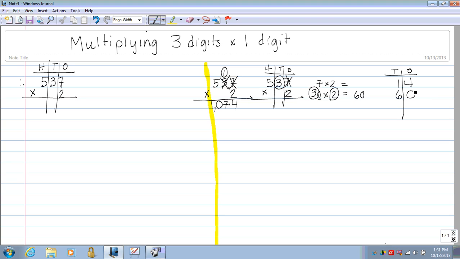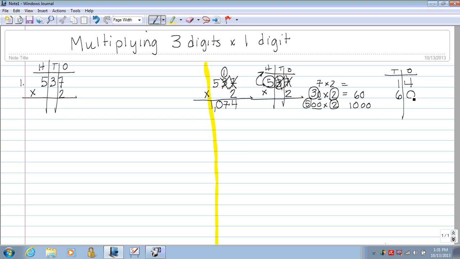I have to write it in the correct place value. Now I multiply 2 times 5. Remember, this 5's value now is in the hundreds place. So 500 times 2. I know that 5 times 2 is 10. Then I place my 2 zeros.